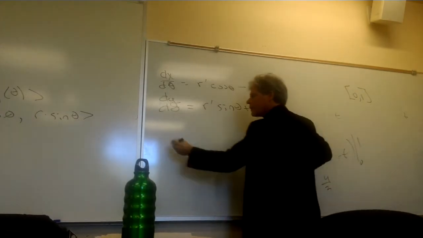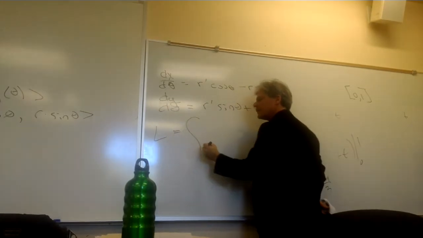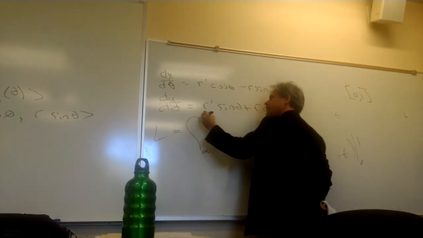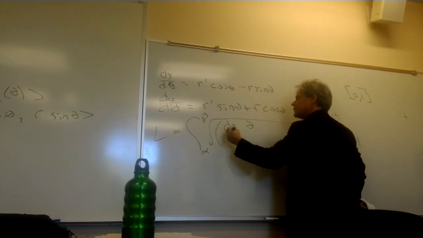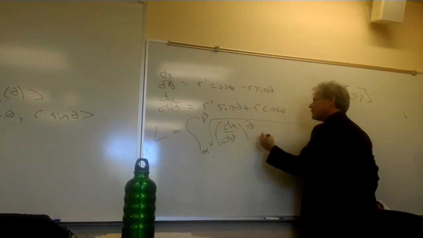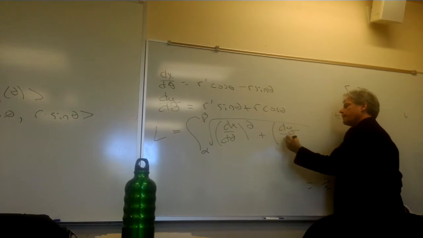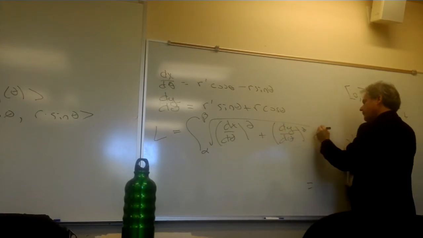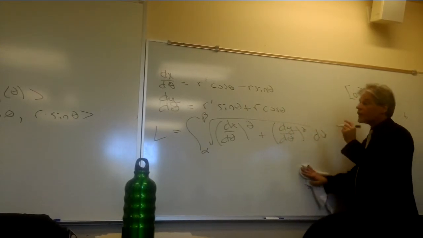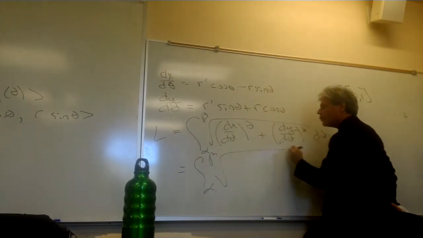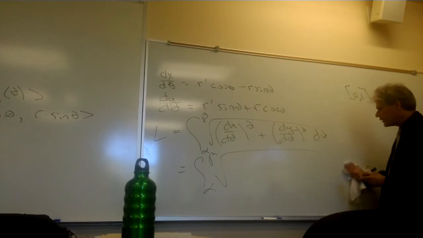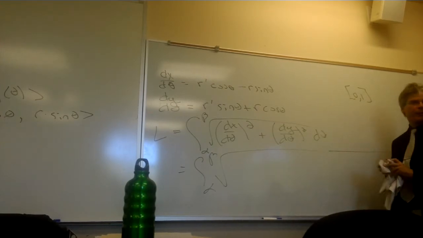That means my arc length formula becomes this. The integral from alpha to beta of the square root of the squares of dx d theta and dy d theta. Or shall I say, that gives me the integral from alpha to beta of the square root of, oh shoot, I need a lot of room.